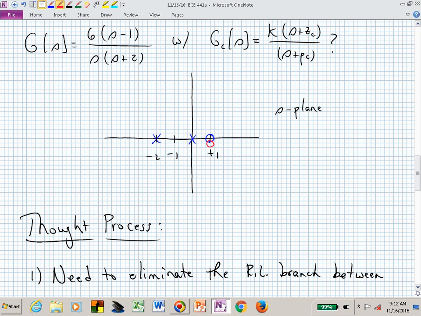So that has made that segment disappear magically, hasn't it? Which segments do I have, any real axis segments on the root locus? Now I do have this piece, don't I?